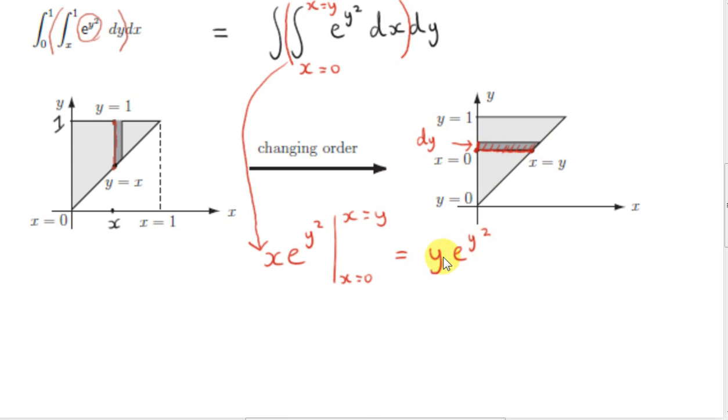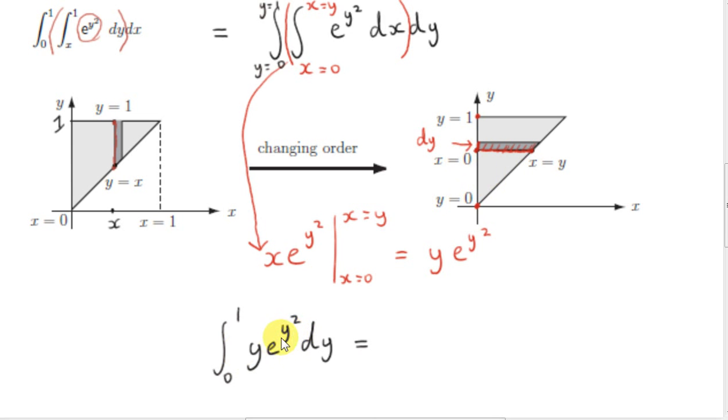So we have to integrate y e to the y squared with respect to y from this value here up to this value here, from y equals 0 to y equals 1. So we now know the limits of this outer integral must run from y equals 0 to y equals 1. We get that from the picture. We're considering all such slices from 0 to 1, and each slice has width dy.